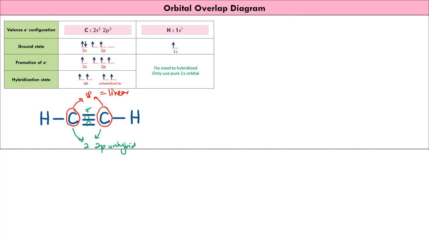Okay, macam dekat sini lah, ada dua 2p unhybrid. So, again, macam kita lukis tadi, untuk carbon dioxide, the carbon, it has two different p orbital. Dia ada py dan dia ada pz. Sama juga dekat sini, kita akan lukis untuk setiap satu carbon dekat sini akan ada py dan juga pz. Okay, ini saya lengkapkan. Sini sigma, sini sigma.